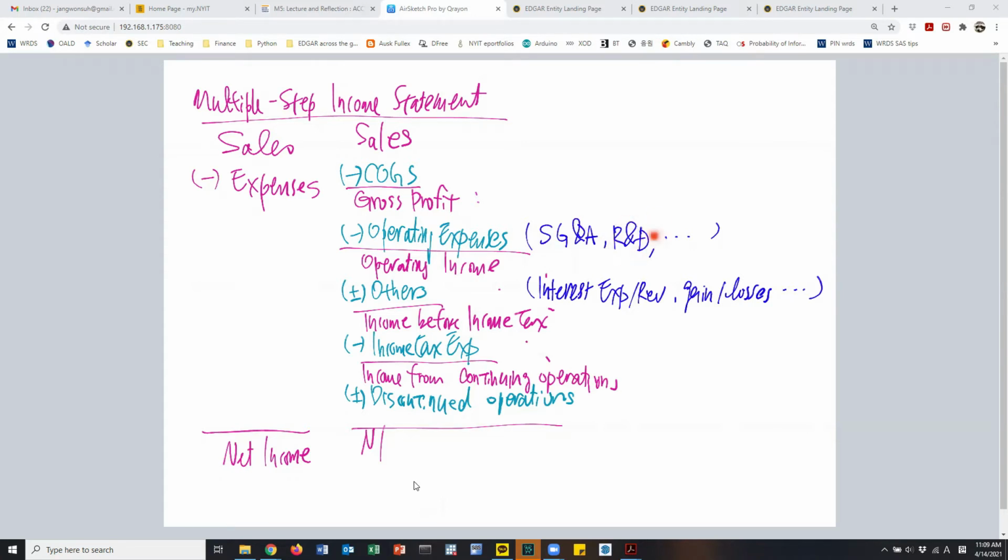R&D is told as the horsepower, right? That leads the economy, right? Without R&D, we might not have seen something called iPhone, right?